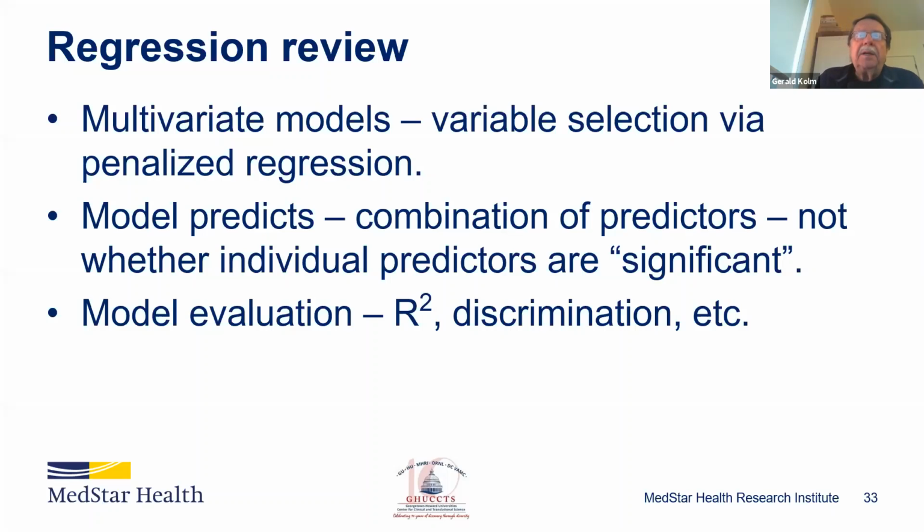And then in logistic regression, we looked at discrimination and calibration, and those are the same sorts of things that you would want to look at in survival analysis as well. Basically, the idea is, how well is your model predicting? How well does the model fit the data?